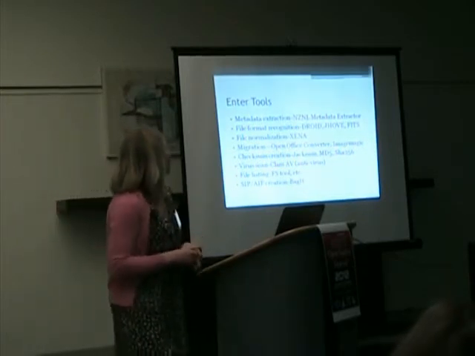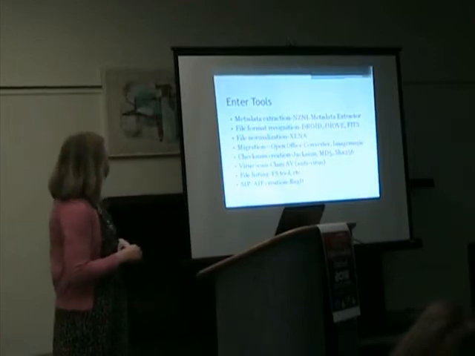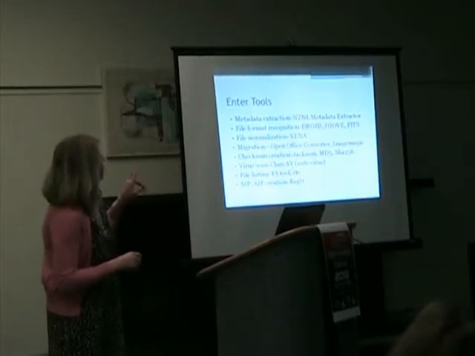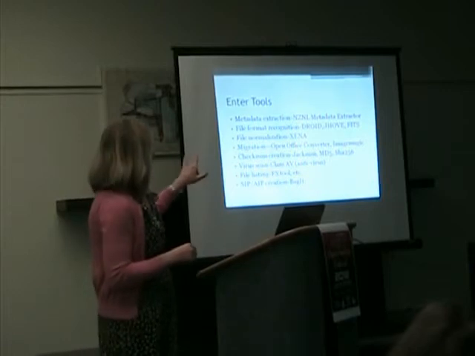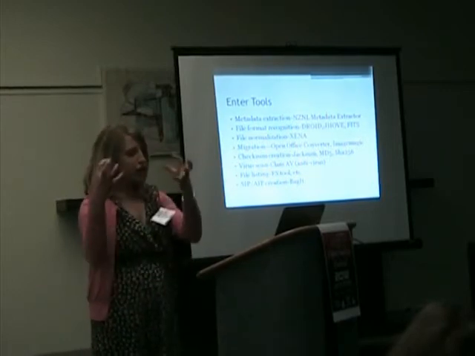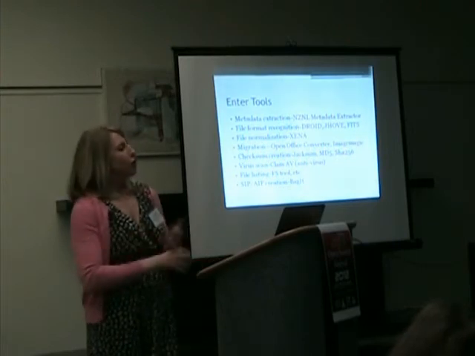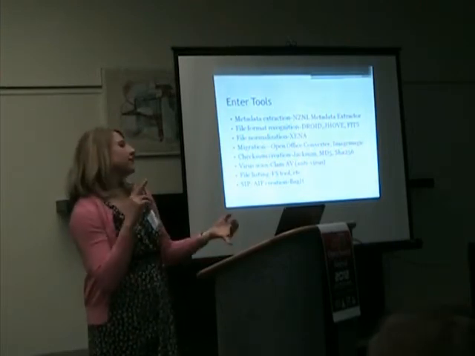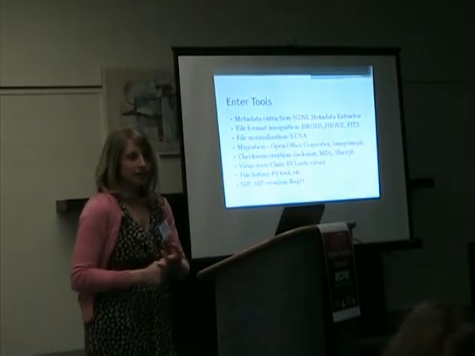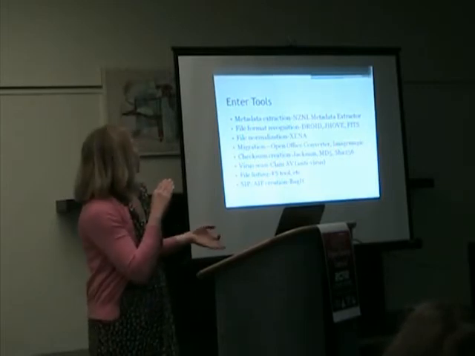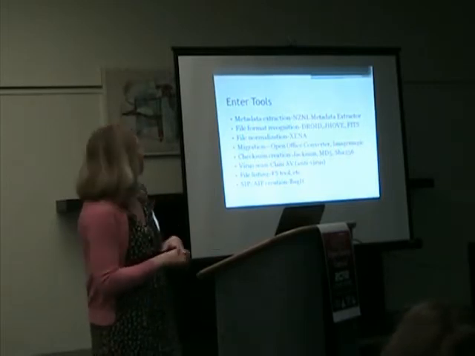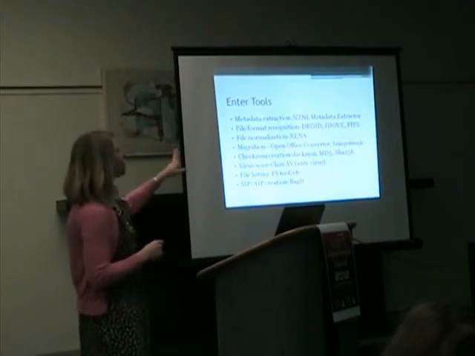Another tool is file format recognition. Droid, Jove, those two are tools that will let you figure out, if you have a big dump of files, what the files are. Is it an Adobe Photoshop file? Which version of Adobe Photoshop is it? What the date of creation was for that. They both come from two different projects.